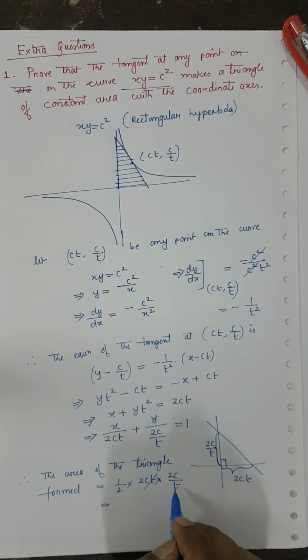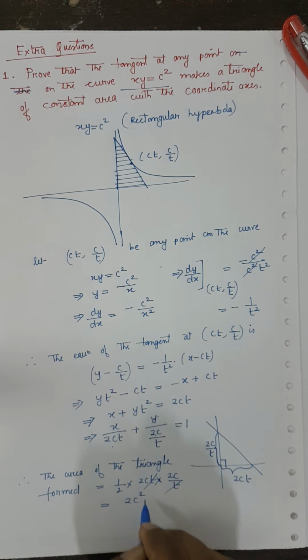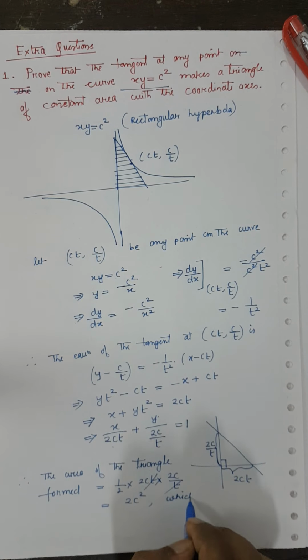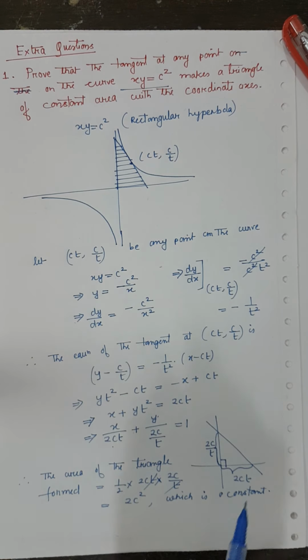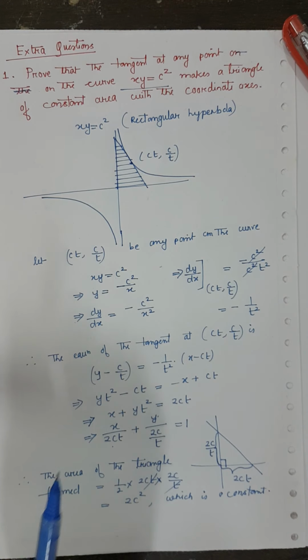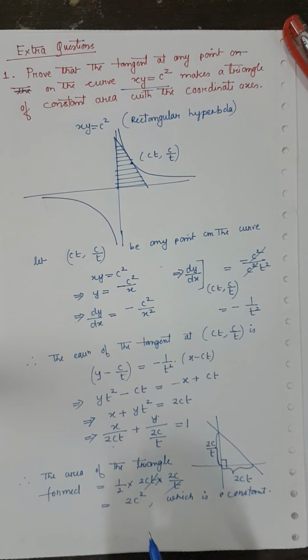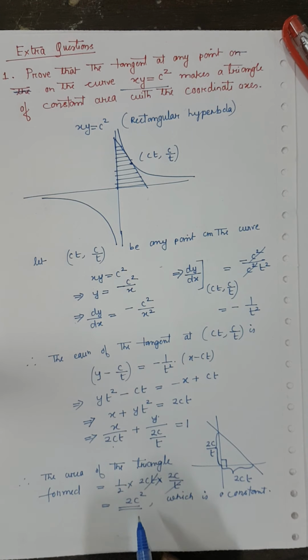Therefore t cancels, it is 2c², which is always a constant. That is, the area of any triangle formed by a tangent with the coordinate axis drawn to this rectangular hyperbola will have an area equal to 2c², irrespective of the point.